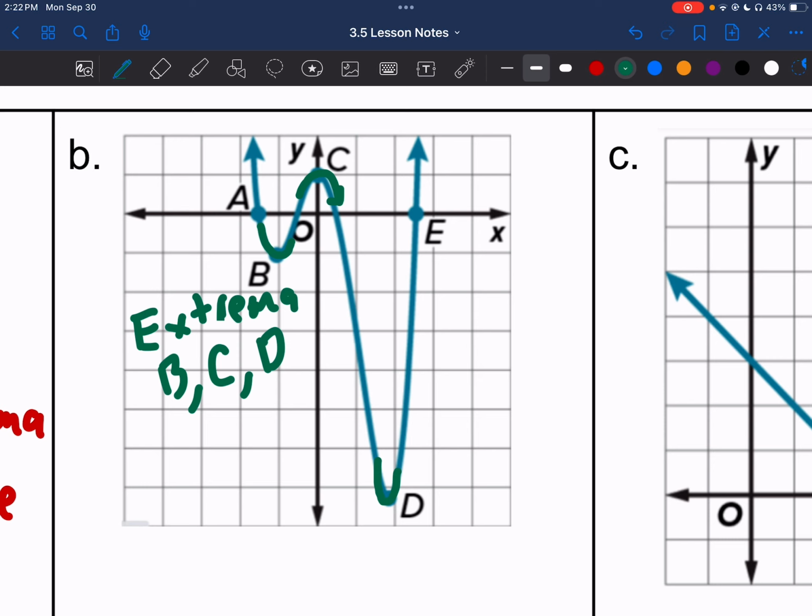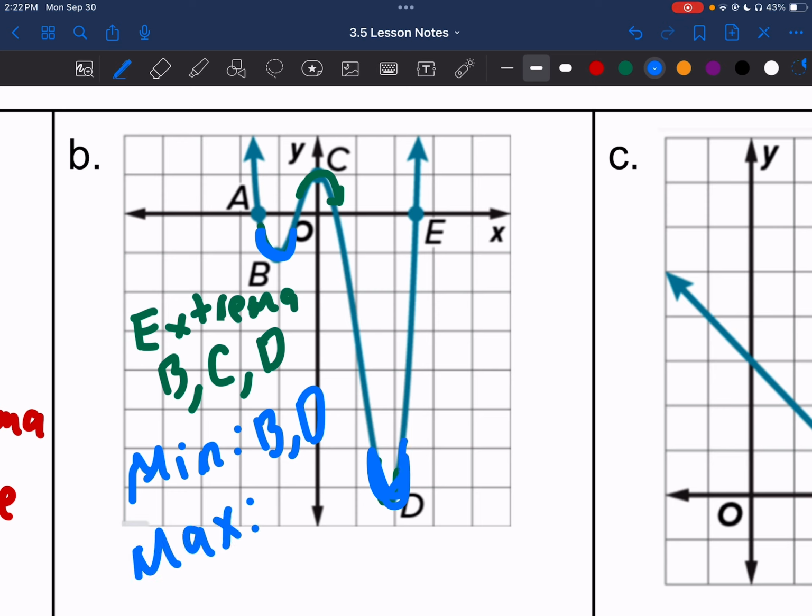Okay. Now, our relative mins are going to be letters B and D, right? Because those are the bottoms of our troughs. That's the minimum. Our maximum is going to be at letter C. So in this case, we have 3 extrema. 2 of them are minimums. 1 of them is a maximum.